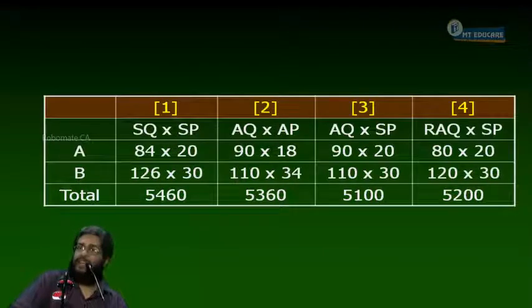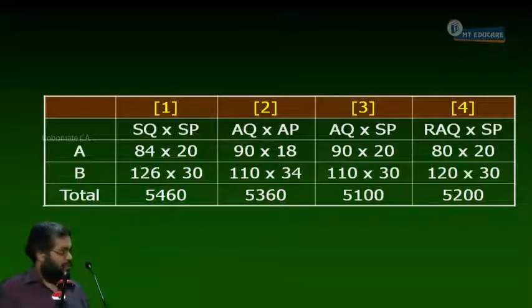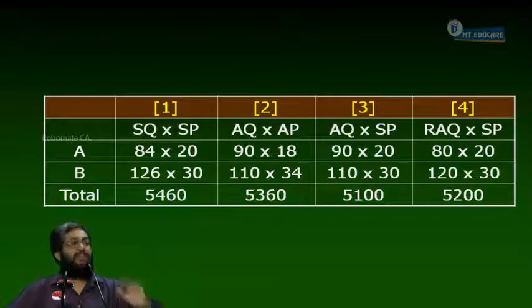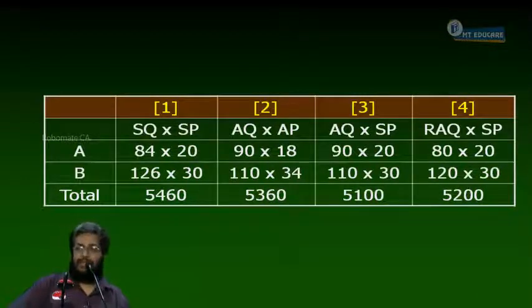And column 3 is AQAM, actual quantity in actual mix. Bracket close. Can I proceed? Point C.